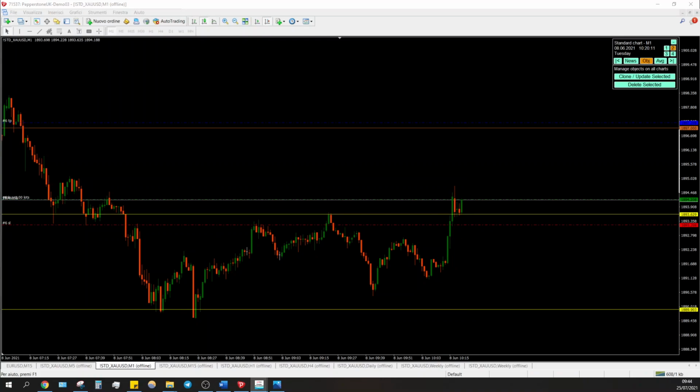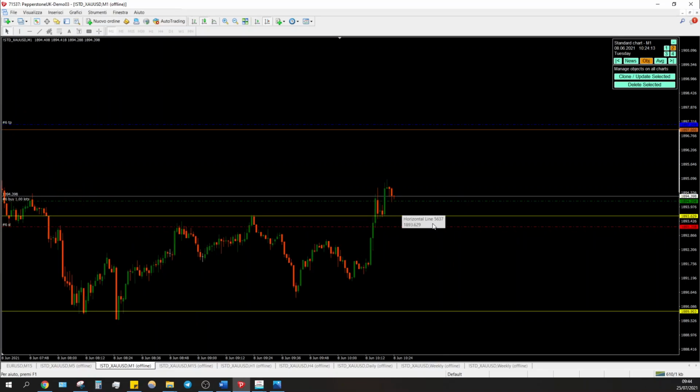So now see how the price is moving. Okay, we got in profit. Looks like it's retracing. Free to break these lows, the previous highs, but the other block is this one.